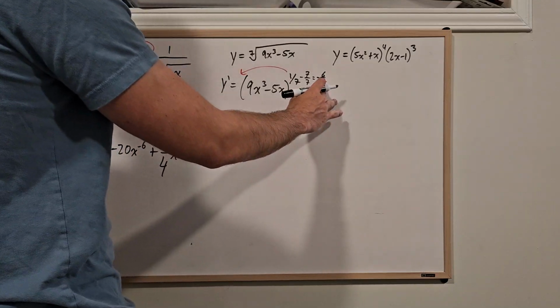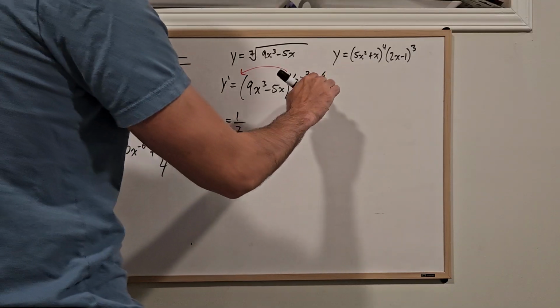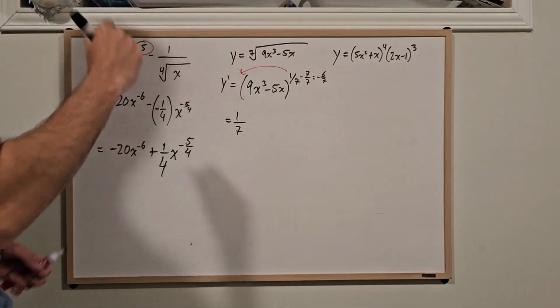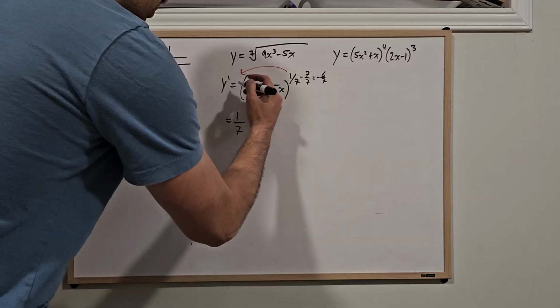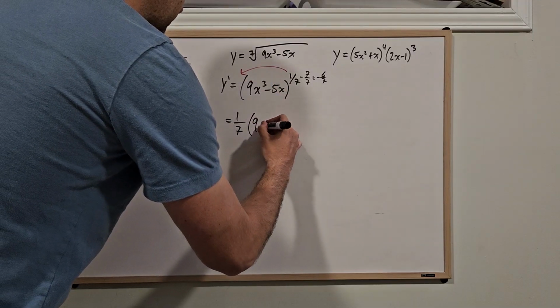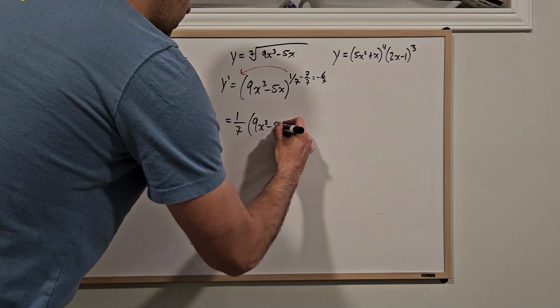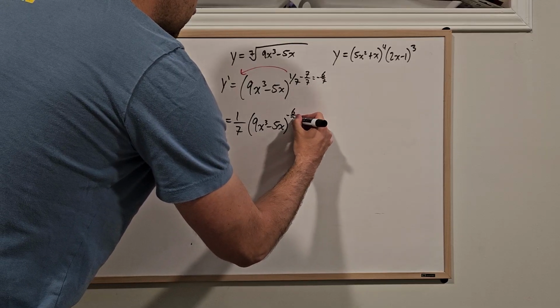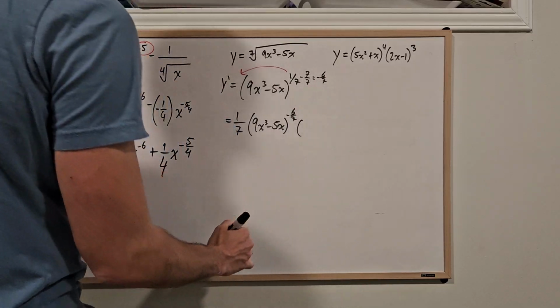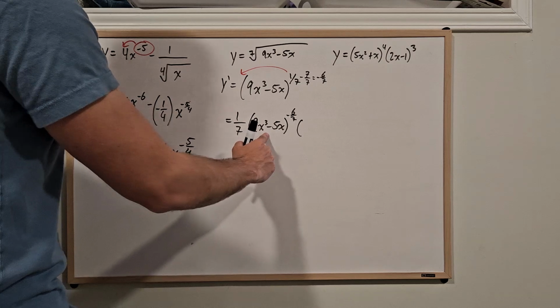So I'm going to have a negative 6 over 7 in the exponent. So, bringing that down, the inside part stays the same. Our exponent is negative 6 over 7 now.